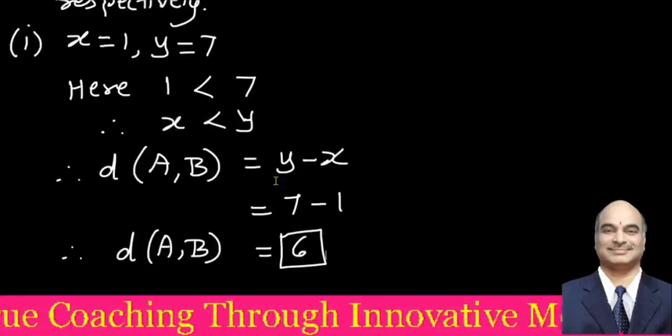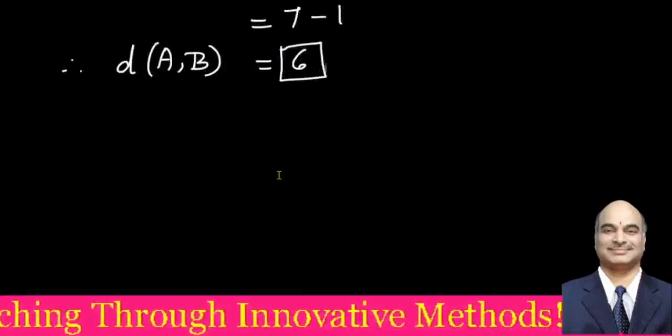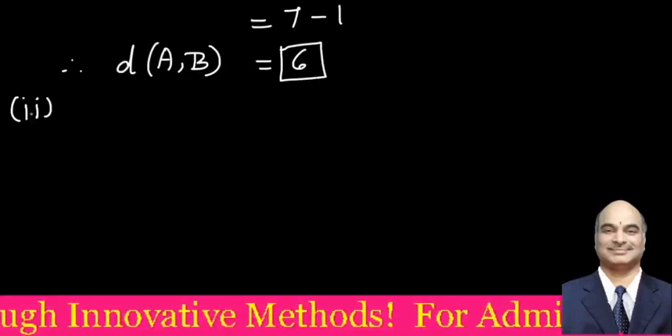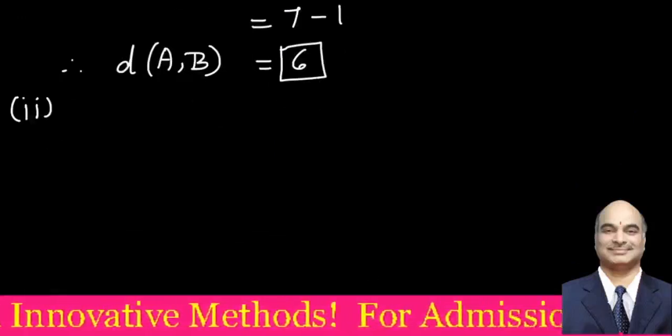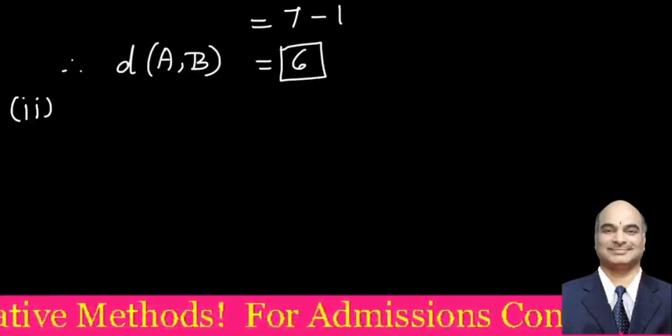Okay, next sum. In the second, the values of x and y change. What are the values? x is equal to 6, y is equal to minus 2.